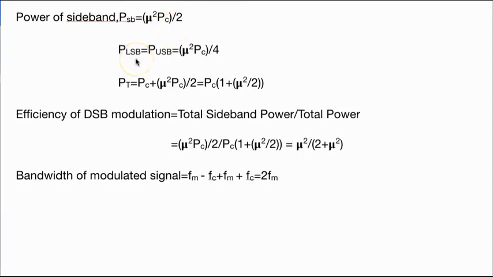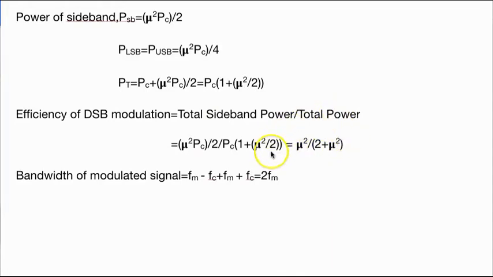If you further divide the sideband power into lower sideband and upper sideband, each is mu square PC by 4. The total power, as I have already shown you in the example, can be derived by the steps taken above, and the efficiency is total sideband power upon total power.